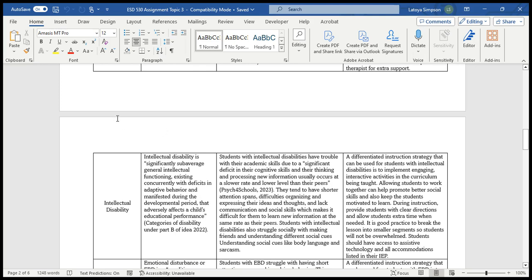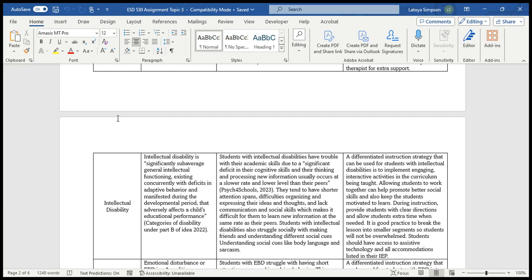Students with ID have trouble with their academic skills due to a deficiency in their cognitive skills, and their thinking and processing of new information usually occurs at a slower rate and lower level than their peers.